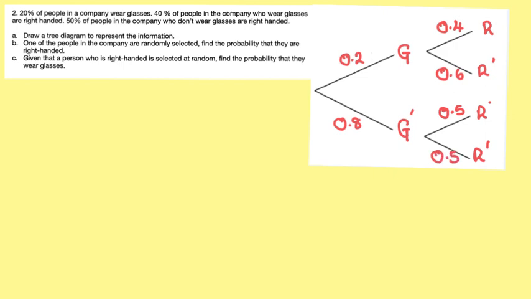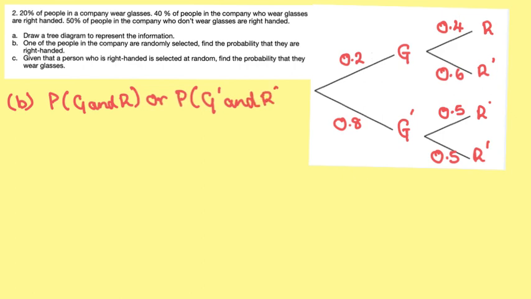Part B. One of the people in the company is randomly selected. Find the probability that they are right-handed. Well, for B, we could have the probability that they wear glasses and are right-handed, or we could have the probability that they don't wear glasses and are right-handed.